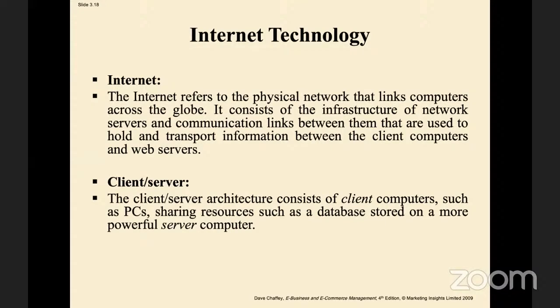We connect our computers with different servers through different network providers, and hence all the computers around the globe are connected together. It consists of the infrastructure of network servers and communication links between them that are used to hold and transport information between the client computers and web servers. So it works both ways, towards the customers and towards the service back end and front end.